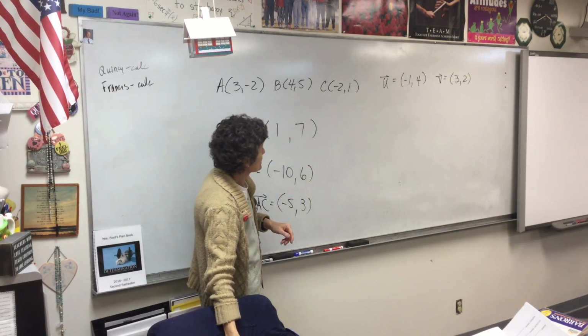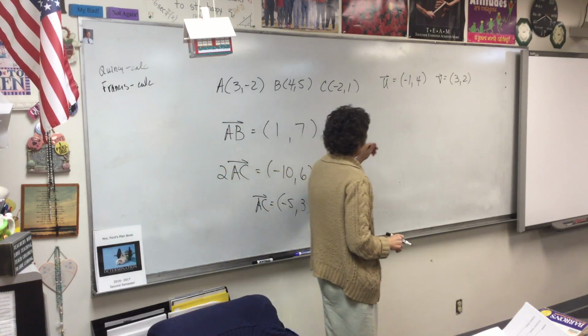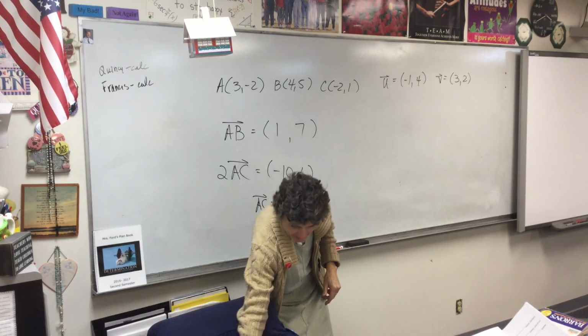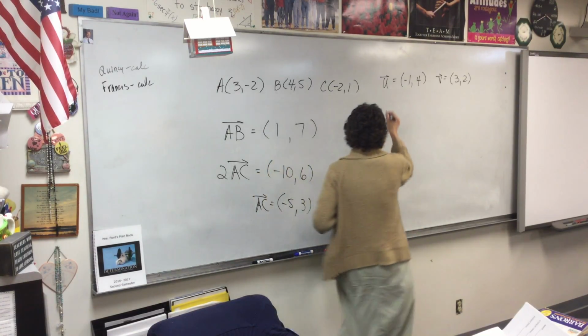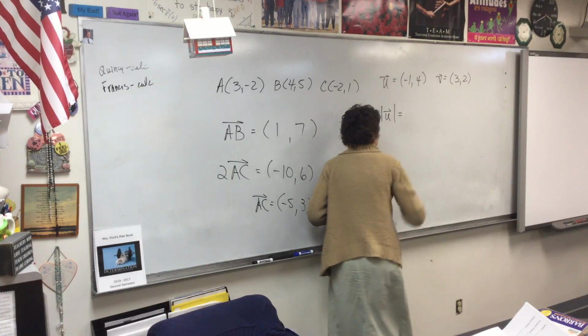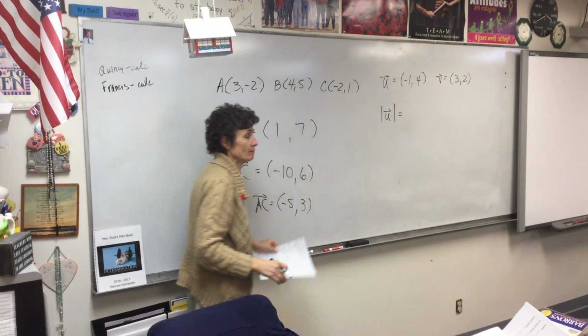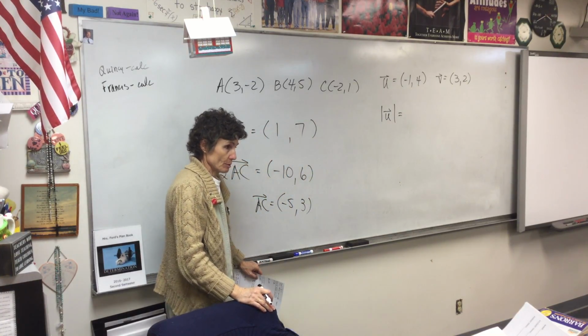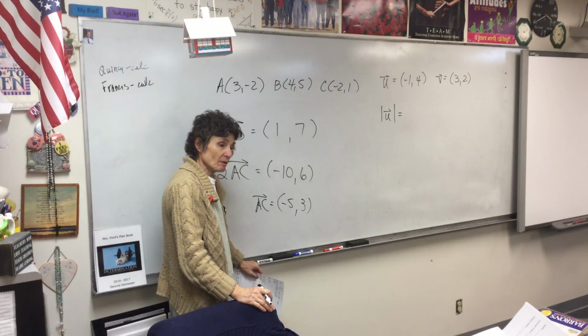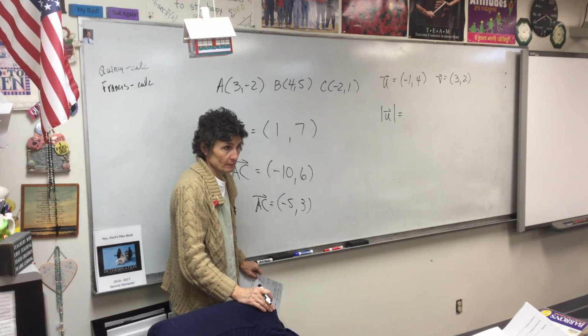All right, so this is, oh wait, I need a problem. That's given. Those are vectors. Here's the question. All right, what's that absolute value mean? Magnitude. So we can do that with a picture or without a picture.